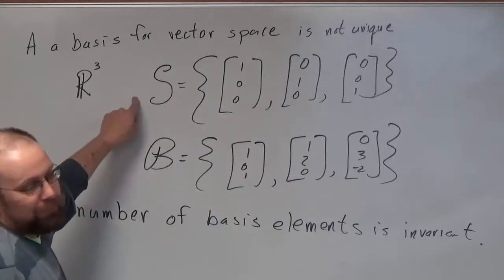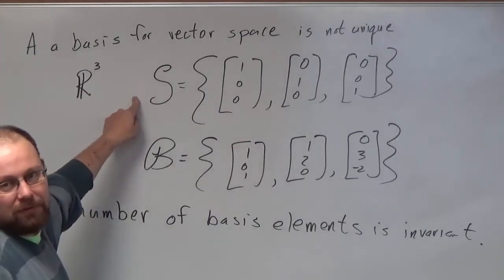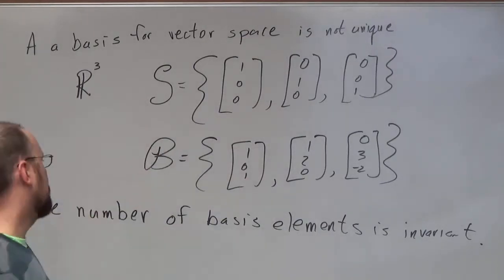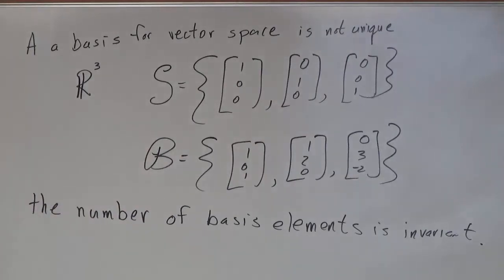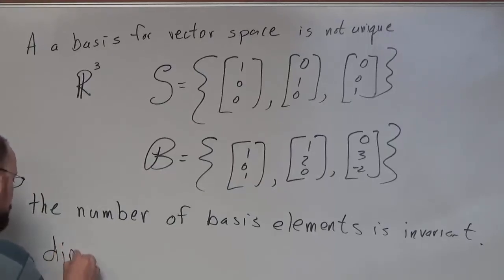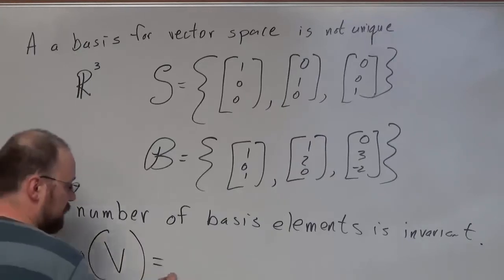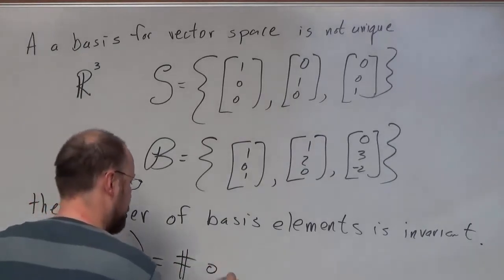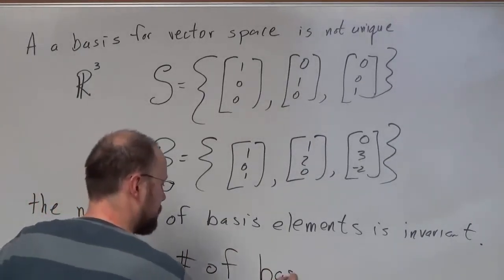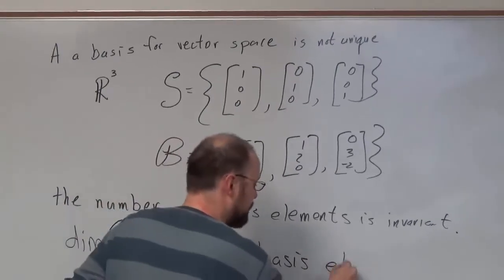So for example, R3, every basis consists of 3 elements, right? So this invariant defines what we call the dimension of the vector space. So given the vector space, the dimension of it is the number of basis elements a basis must contain.